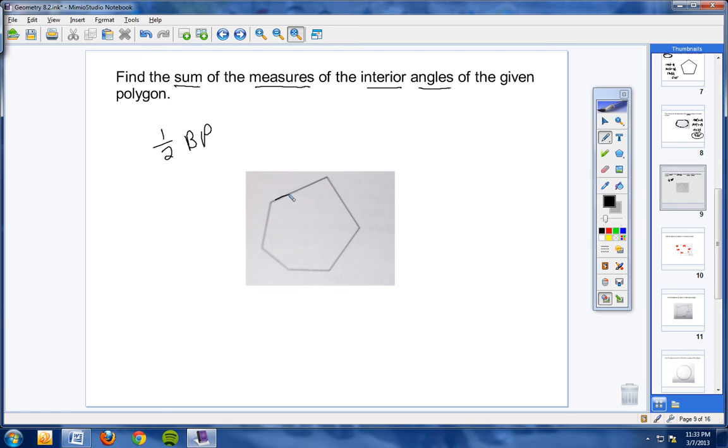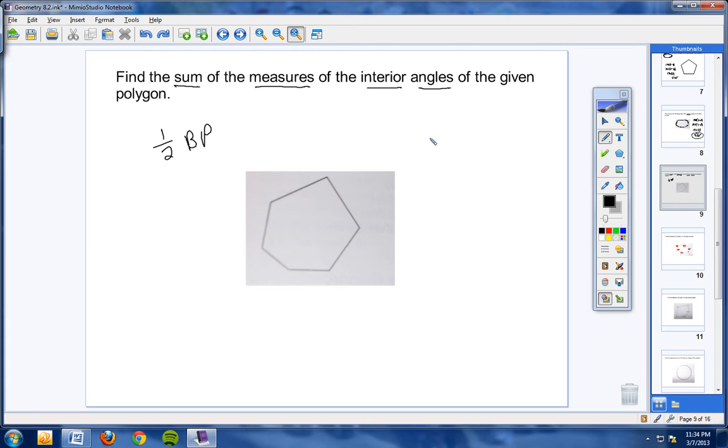All right, I'm going to start counting the sides while you're still working. Okay, if you did not come up with 6 sides, you made a mistake, so you might want to fix that.